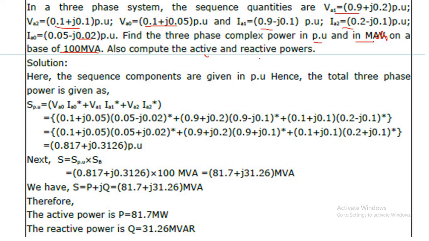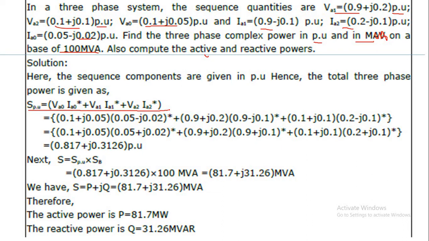Okay, next, see here, there is one thing you should remember: they have given all the values in per unit. If all the sequence voltages and currents are in per unit, then we can use this formula. S per unit is given by VA0 into IA0 conjugate plus VA1 into IA1 conjugate plus VA2 into IA2 conjugate. Substitute all the values.